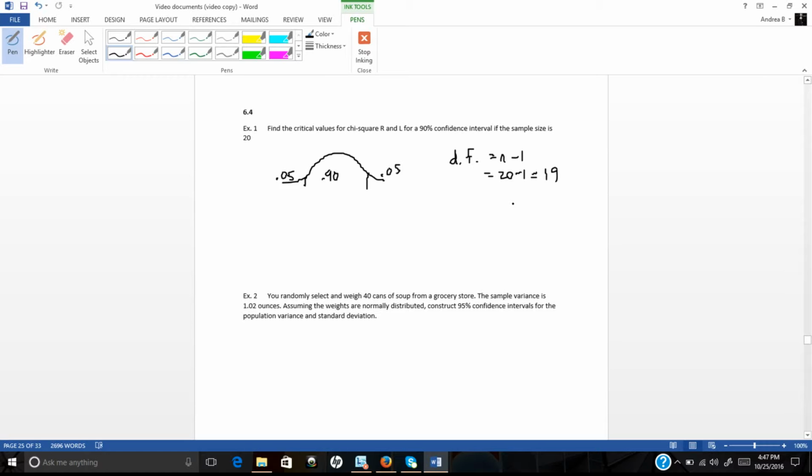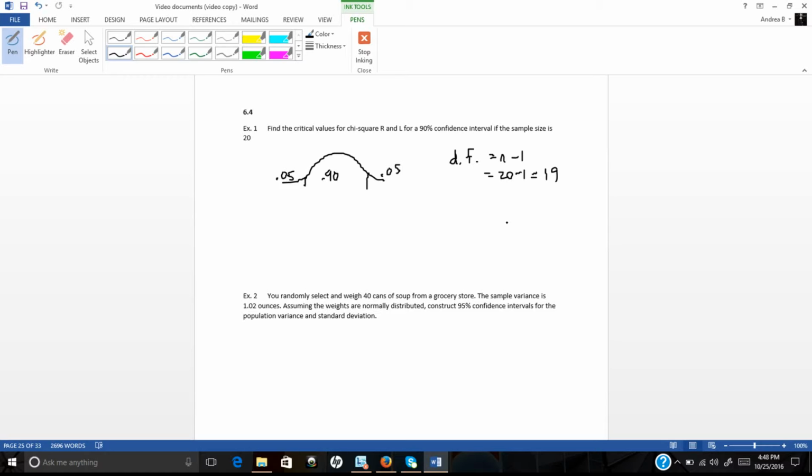So here, if we look up at the top where it has that alpha symbol along the top, we have a bunch of different values there. For one of these, we're going to have to look at the 0.05 column and then go down until we get to degrees of freedom of 19. And then we want to look to see where those two intersect.